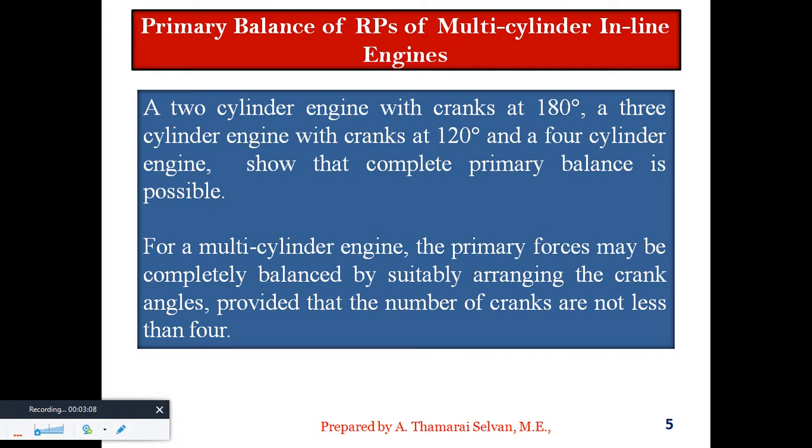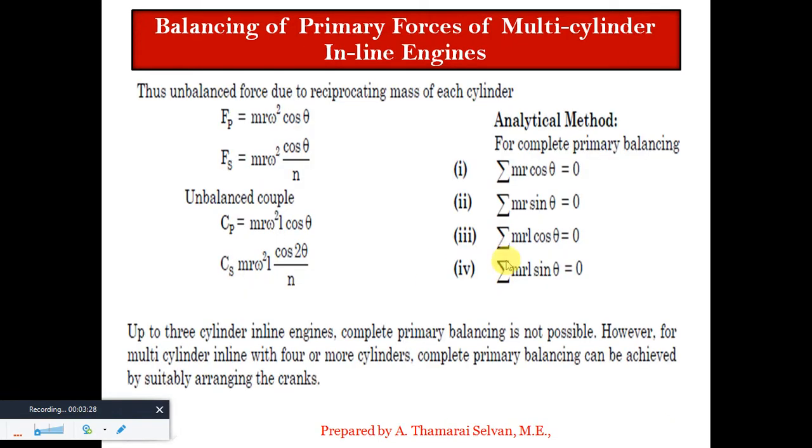For a multiple cylinder engine which has more than 4 cranks, we can also completely balance the primary forces by suitably arranging the crank angles. We can arrange the cranks with different inclinations in such a way that the multi-cylinder engine is completely balanced.